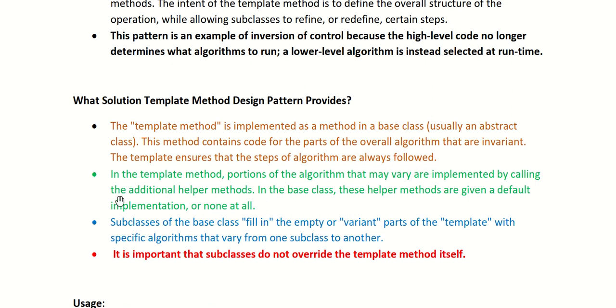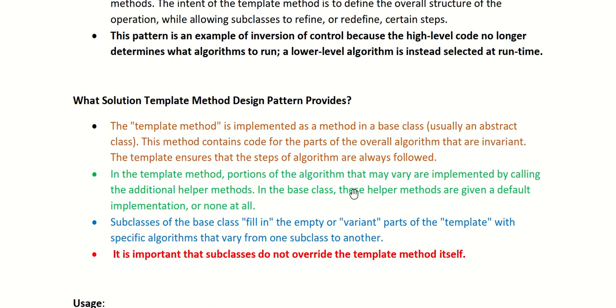Now the second part is, in the template method, portions of the algorithm that may vary are implemented by calling additional helper methods. So what are these varying steps? Take an example of building a report. For one of the reports, the first step is establishing a connection to the database. This connection can be made to a SQL Server database, or to a PostgreSQL database, or to some other SQL database.